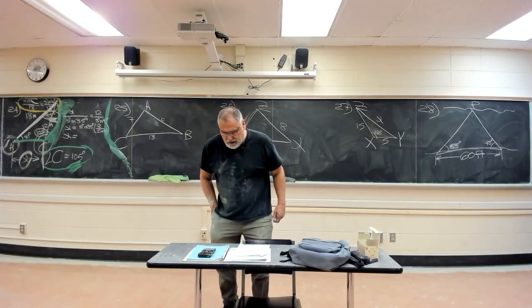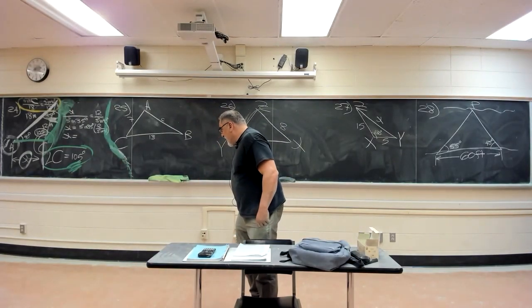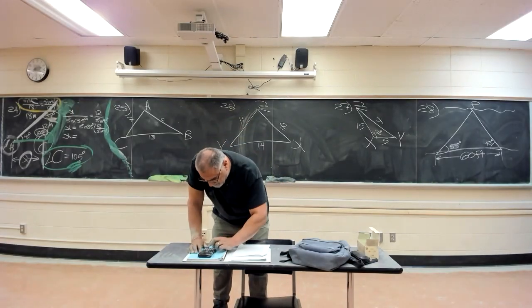All right, guys, so what we have here is sine 35 degrees times 12 divided by the sine of 40.